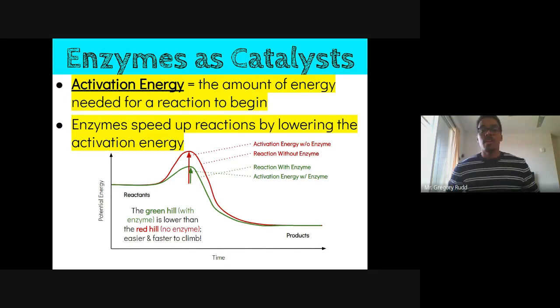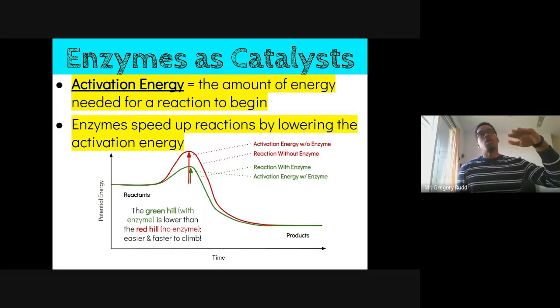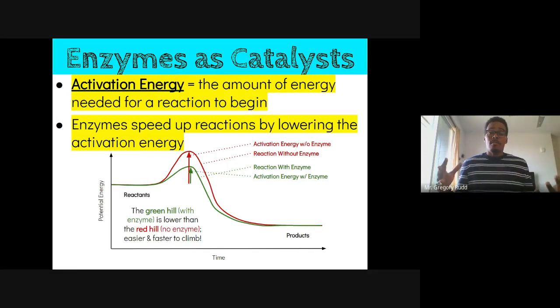Your muscles are going to be activated as you go up. Your breathing is going to increase. Your heart rate increases. Now imagine if somehow, some way you were able to look at that hill and be like, nope, too tall, too steep. I'm going to lower it. Now it doesn't require as much energy to get to the top. And you can do it faster.